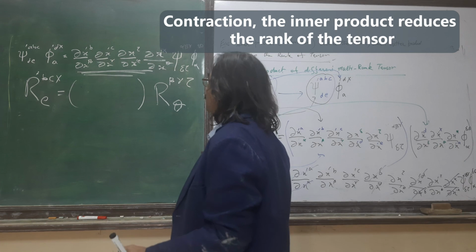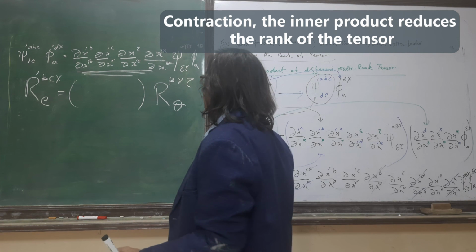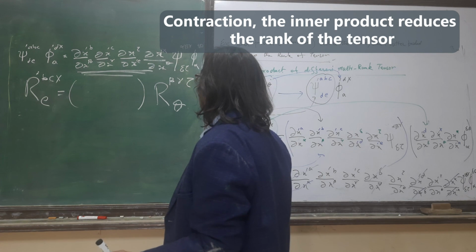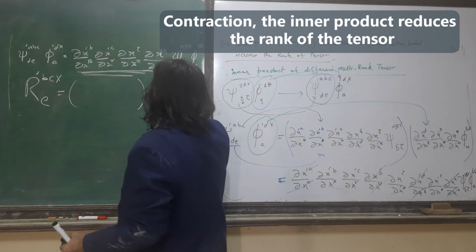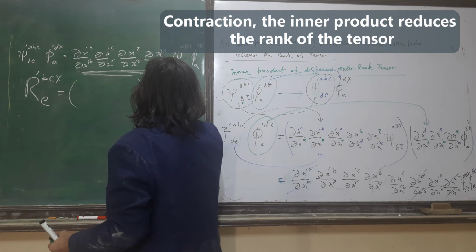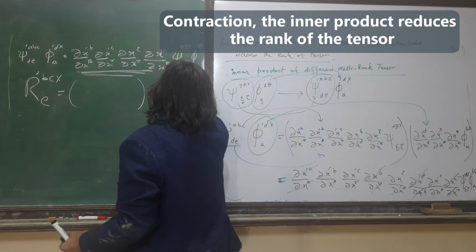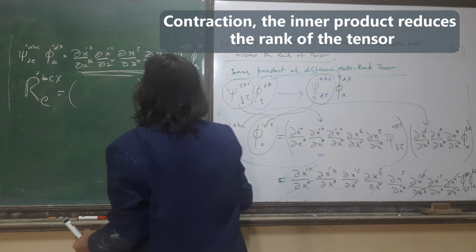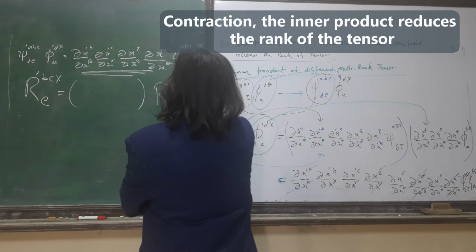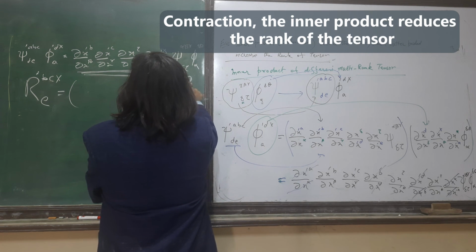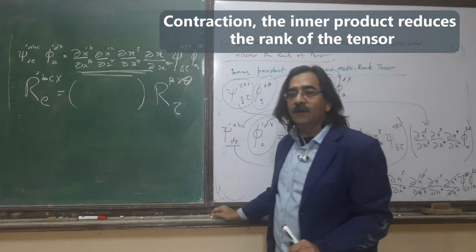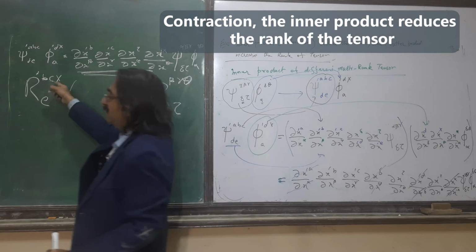Tau is replaced by theta, and tau comes down: beta, gamma, theta, and tau.